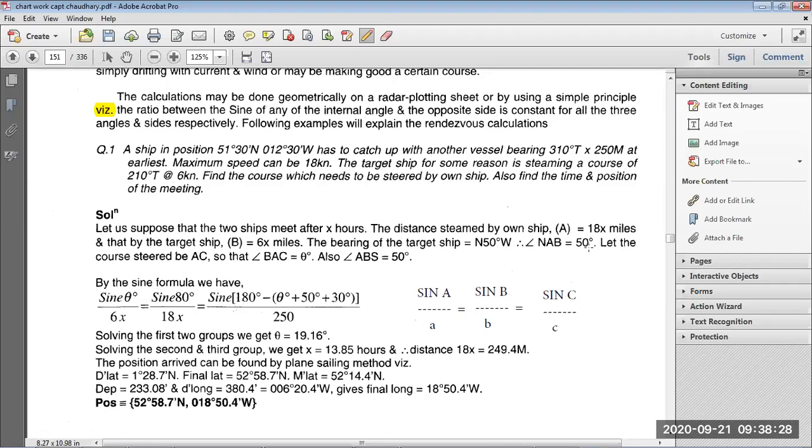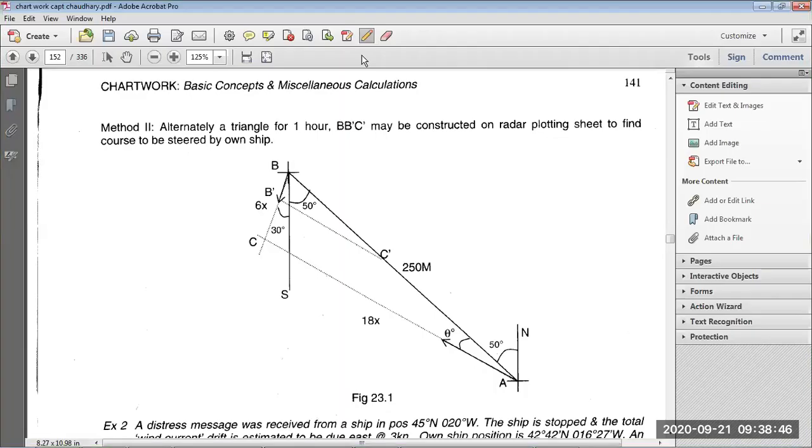So we draw a rough triangle on paper where we take these points A, B, and C. We take any point on the chart as our ship's position, say point A, and the other ship is bearing 310, that is north 50 degrees west. We take just a rough scale, no need to plot by scale.